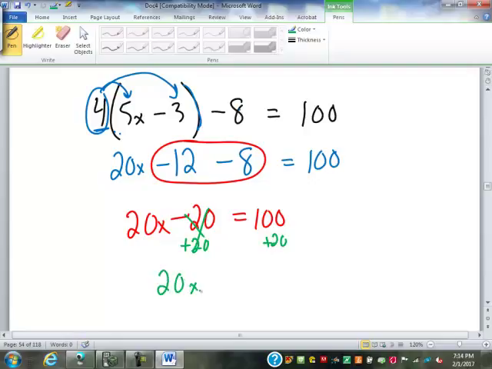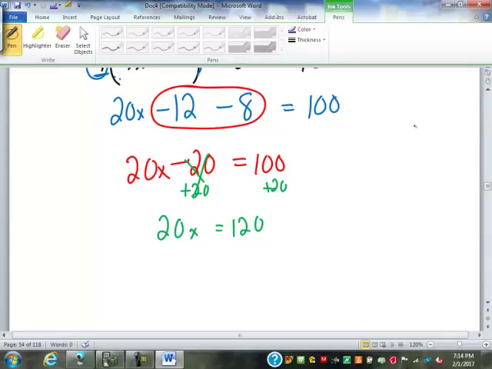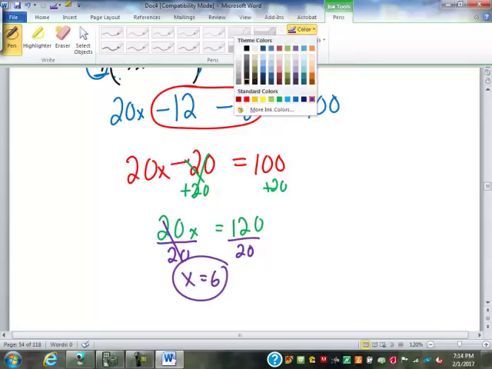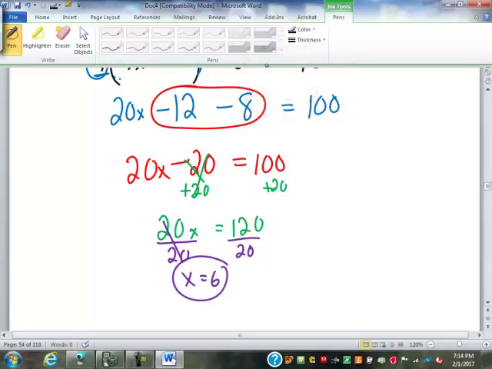So 20x equals 120. And then divide by 20. So x equals 6. And again, you can go back and replace the x with 6. It will work out to the same value on each side.